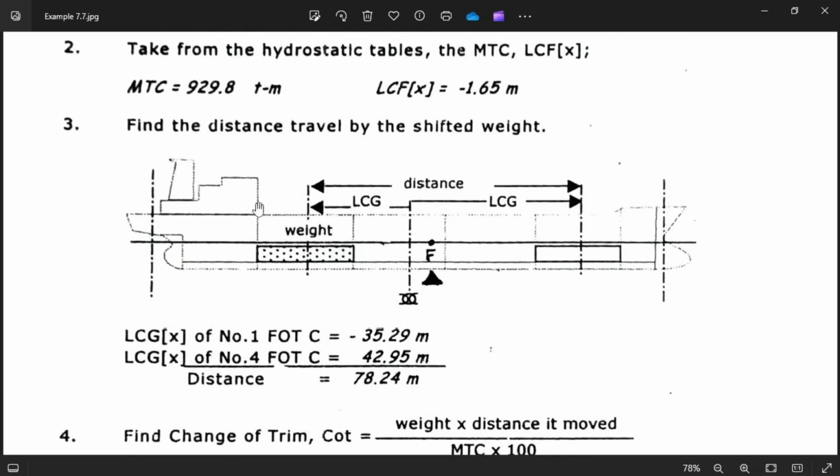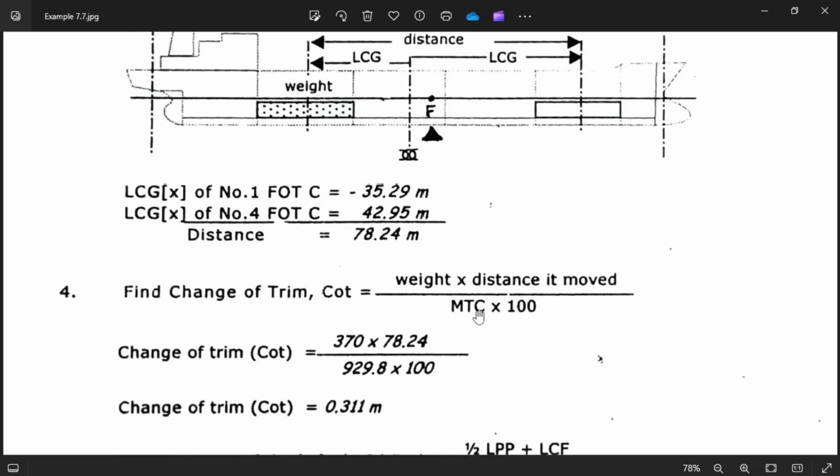over MTC. MTC is 929.8, okay, times 100. And the answer would be change of trim equals 0.311 meters. Okay, just do this computation manually and you will get the answer.